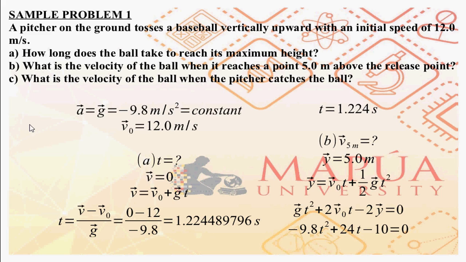Starting with letter A, how long does the ball take to reach its maximum height? So how long does it take the ball to reach a particular position? You are being asked for the time of travel, t. At maximum height, note, the object is heading vertically upward, but the acceleration is negative, so acceleration is heading in the opposite direction.